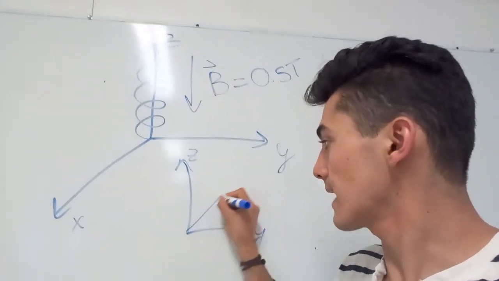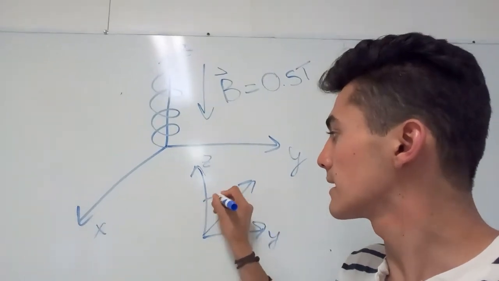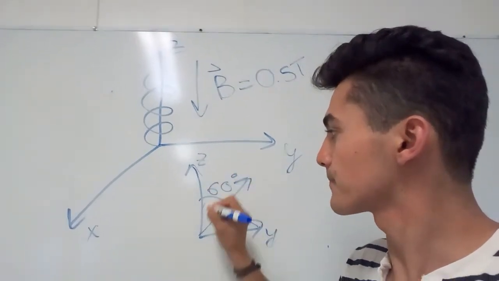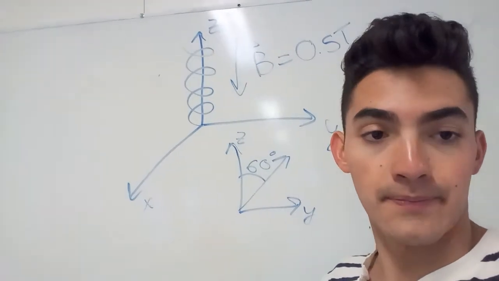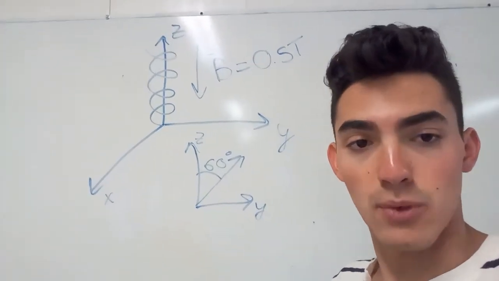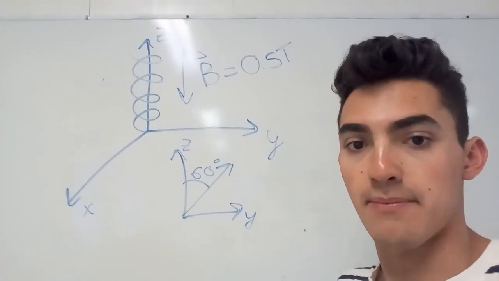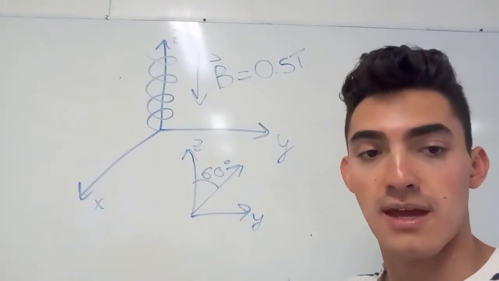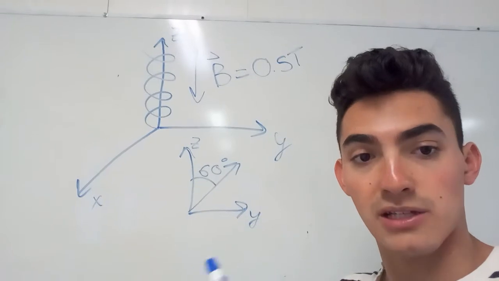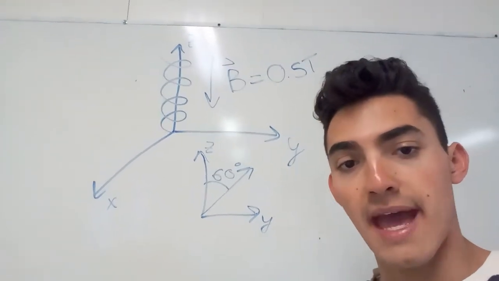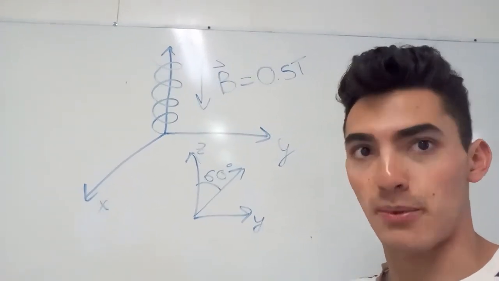So here we have our 60 degrees. First we have to analyze the motion of the proton and describe its trajectory, and make a sketch and describe it in words as clearly and detailed as possible, as if you were explaining it to Peppo.